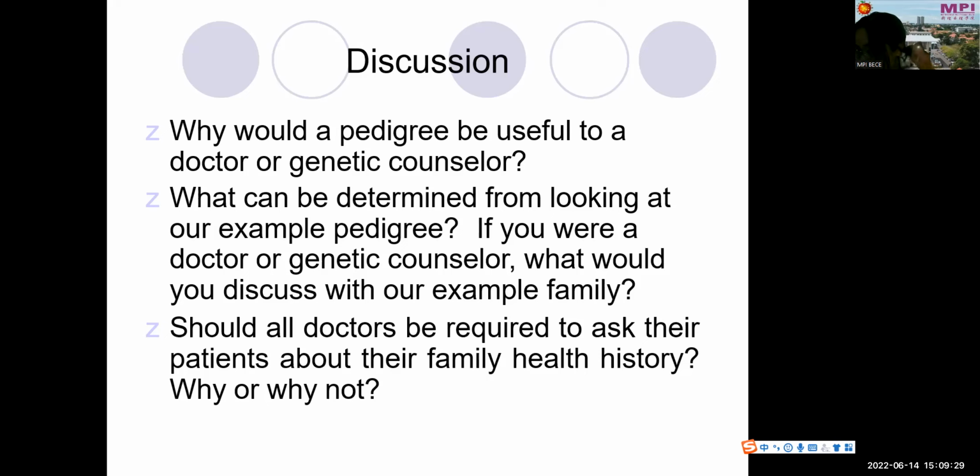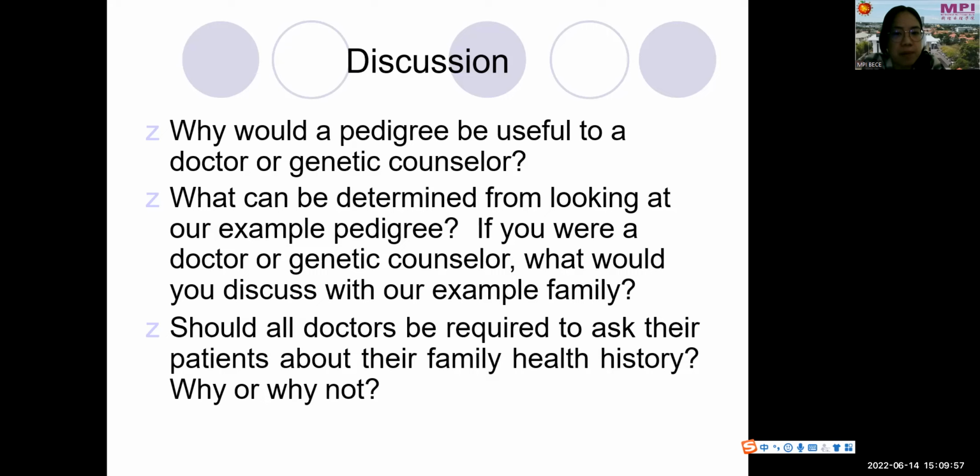Right. This one is the discussion questions for yourself. You can write your reflections in your own booklet. Why would pedigrees or genograms be useful? Because the pedigree is more on the medical side, it is useful to the doctor or the genetic counselor.